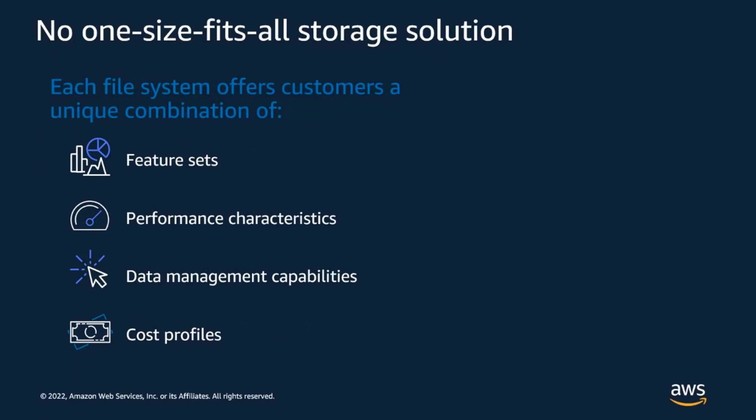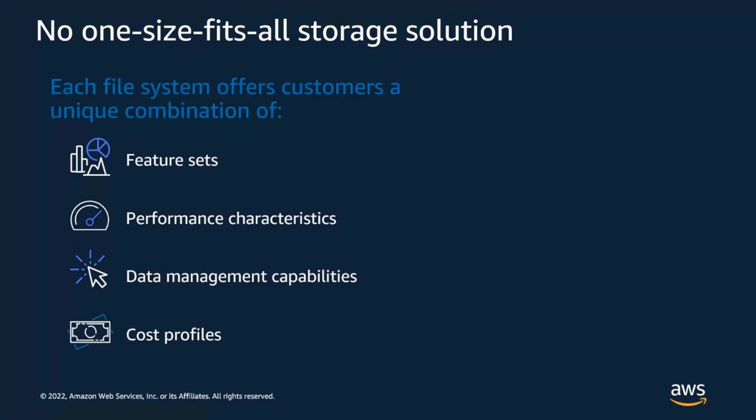And so with file storage being used for so many workloads, it's really no surprise that there isn't a one-size-fits-all file system to meet all the needs. There are many file systems out there, and each of them offers a unique combination of features, performance, data management capabilities, and cost profiles.